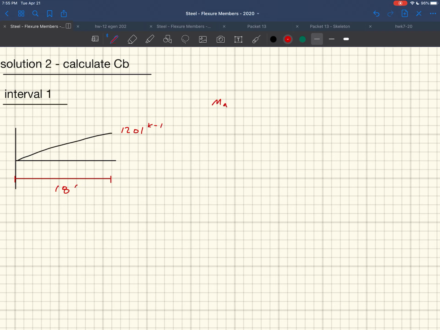MA, and that's going to be MU of 18 feet divided by 4, right? Because that's this distance, that's this guy right here. Remember MA, this is the quarter point.